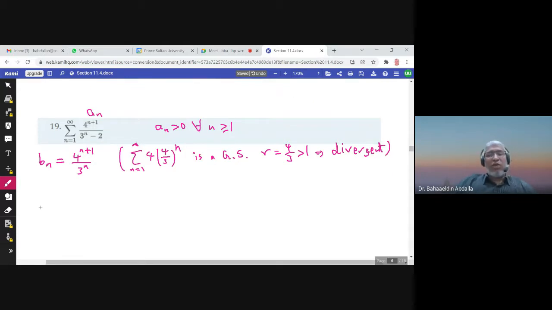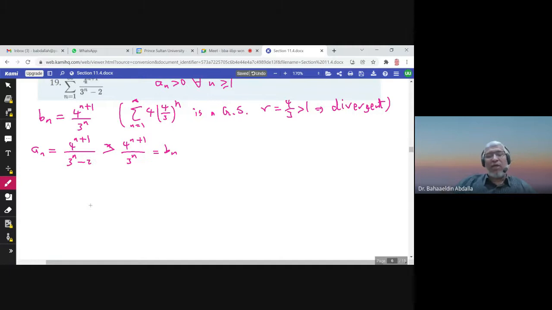So I need to show that an is greater than bn. Well, notice that an is 4 to the power n plus 1 over 3 to the power n minus 2, and this is negative. So this is actually greater than 4 to the power n plus 1 over 3 to the power n, which is bn, because we removed the -2.